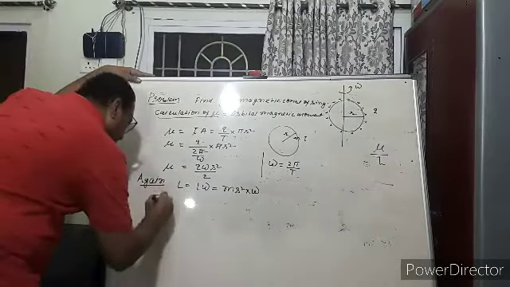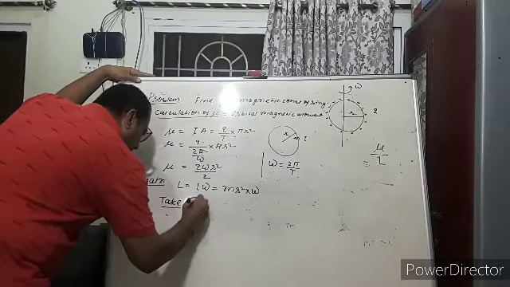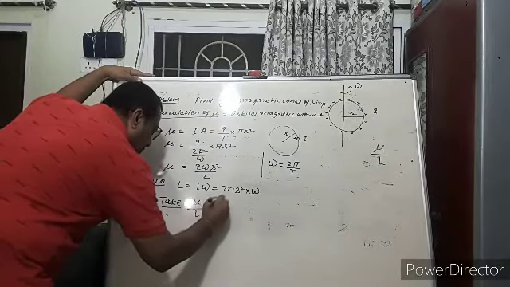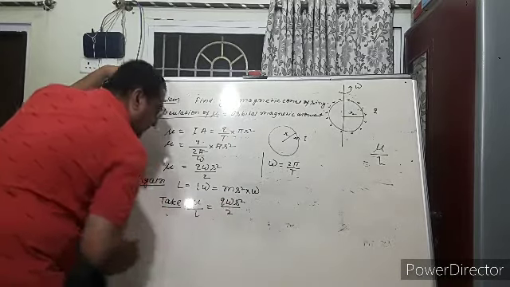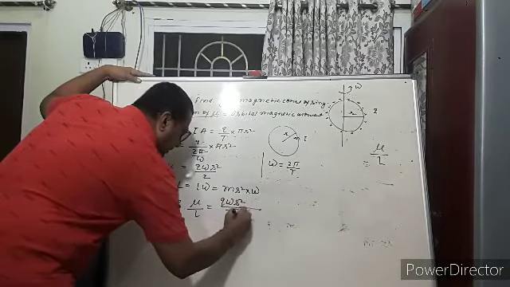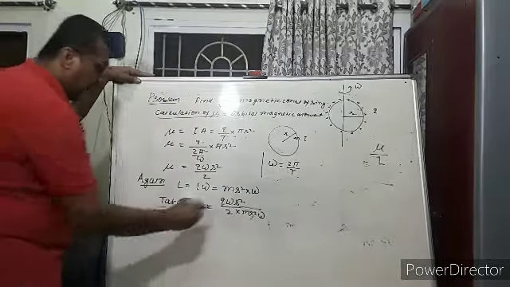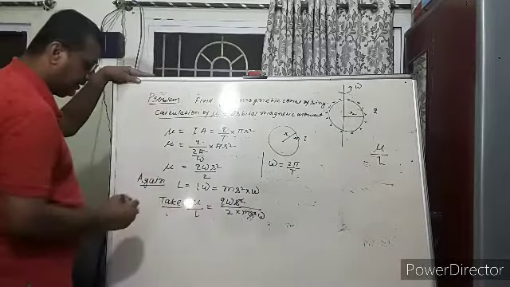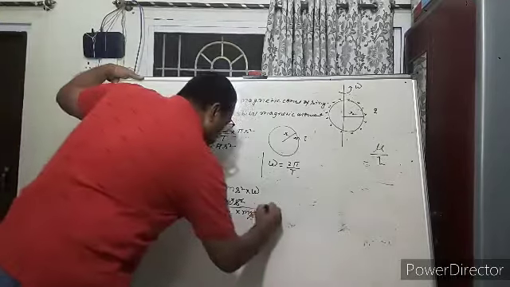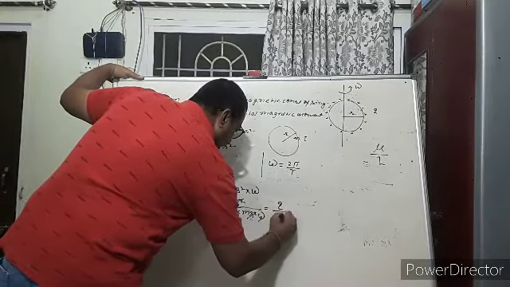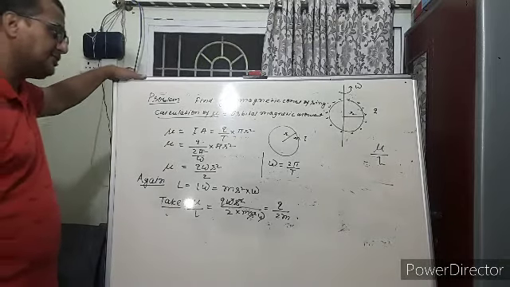Then we take mu by L, that is equal to Q omega r square divided by 2, divided by m r square omega. R square will be cancelled, omega will be cancelled. So this will be equal to Q by 2m, where m is the mass of the ring, that is given.